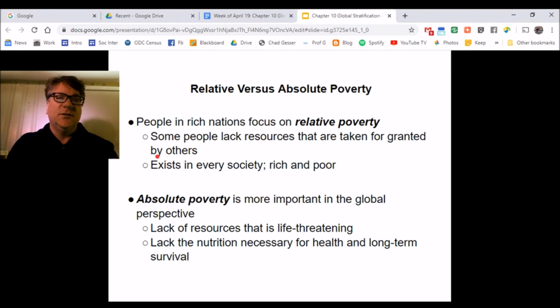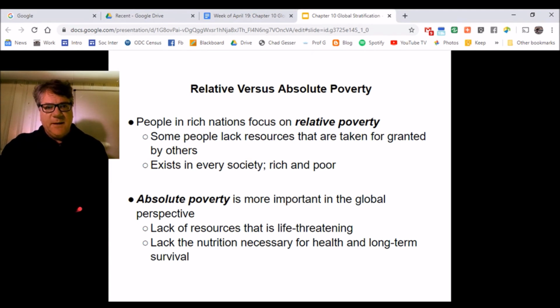That's relative poverty, okay? Absolute poverty is something very different. Absolute poverty is focused squarely on a lack of resources that is life-threatening. Again, this is starvation kinds of stuff. People that don't have the basic resources for survival, okay?